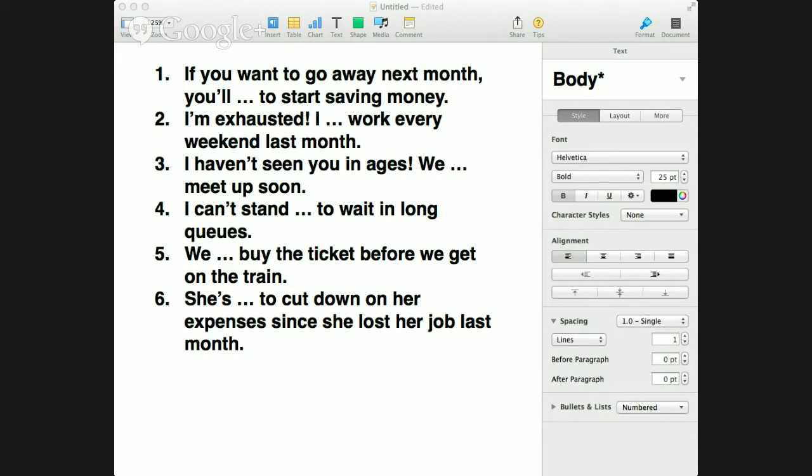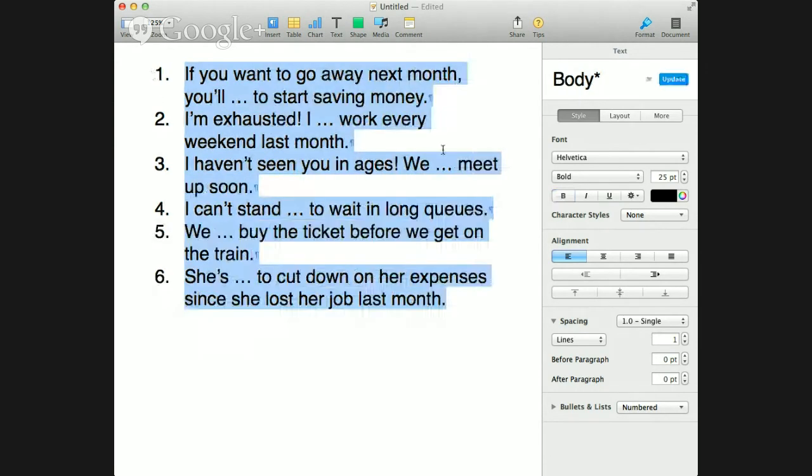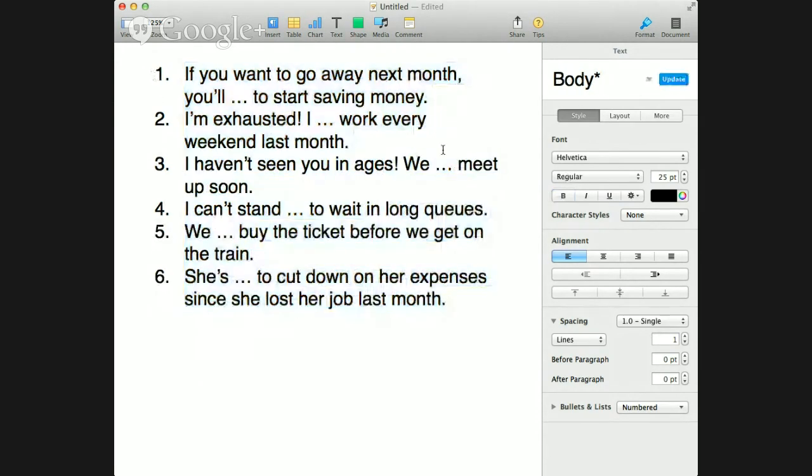Let's start from Alberto this time. Alberto, could you do number 1 for us, please? Okay, if you want to go away next month, you have to start saving money.